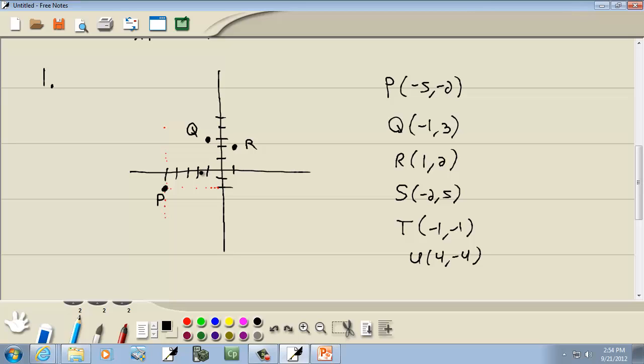So -2, 5, and that's our S. T is -1, -1. -1, -1 is right here. So that's my T. And U is 4, -4. So 4, -4. And that's our U.